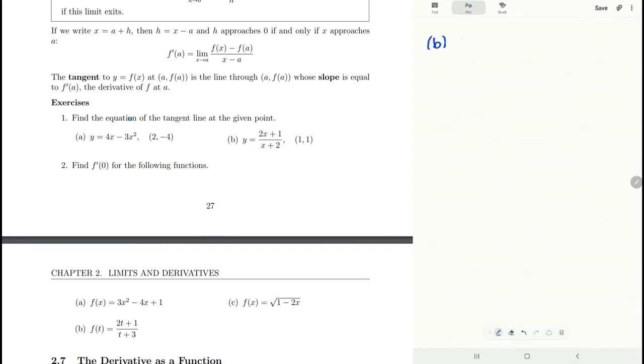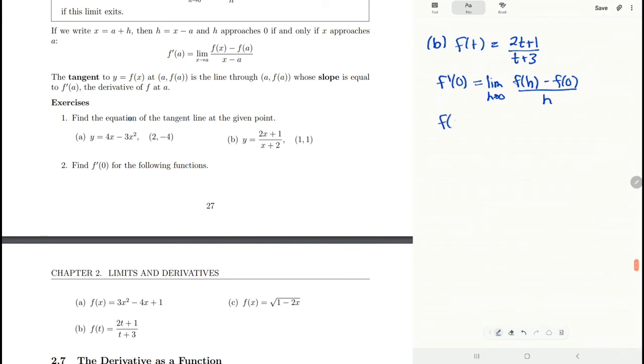In the next example, we have f of t equals 2t plus 1 over t plus 3. So f prime of 0 is the limit as h goes to 0 of f of h minus f of 0, all divided by h.